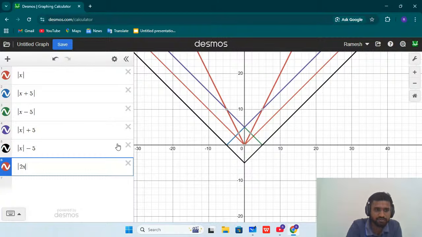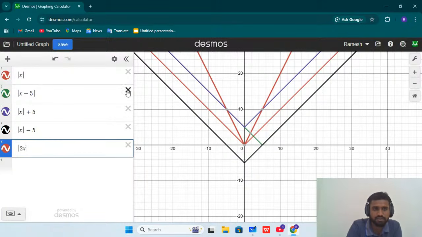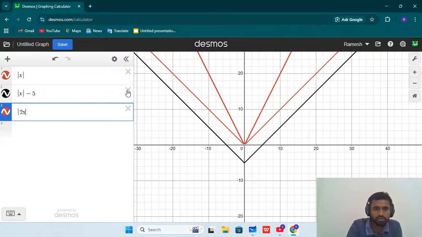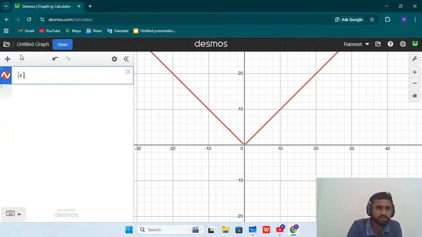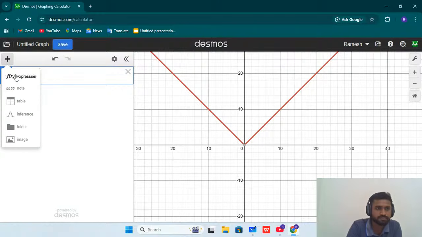Let me clear this y equals to everything so that it will be looking good. Initially y equals, I will change this color also. Let me change the color of this y equals modulus of 2x.